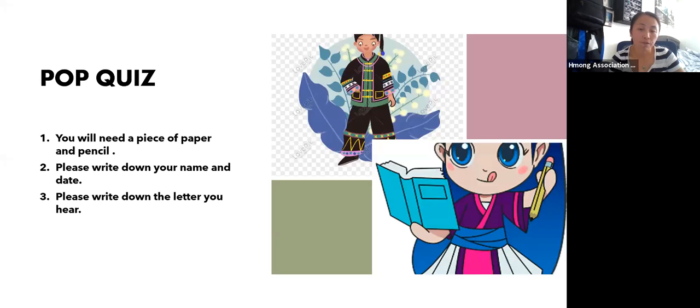Number three is for food. Number four is haw, how. Number five is go, go.